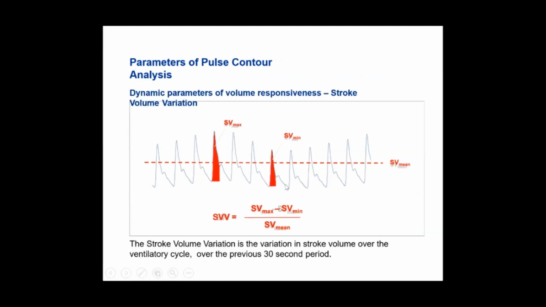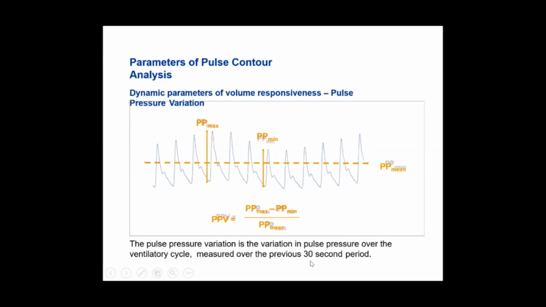This is the expiratory decrease in stroke volume. And this variation is the variation in stroke volume over the ventilatory cycle over the previous 30-second period. Remember that. Similarly, here we can see the pulse pressure variation, which is measured over the previous 30-second period in the same way.